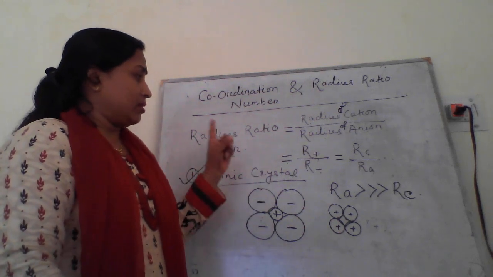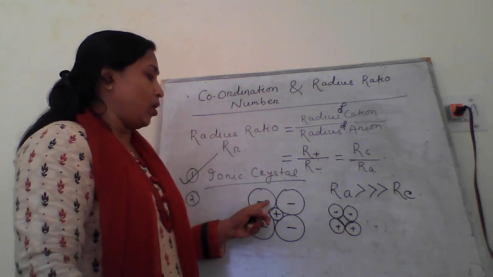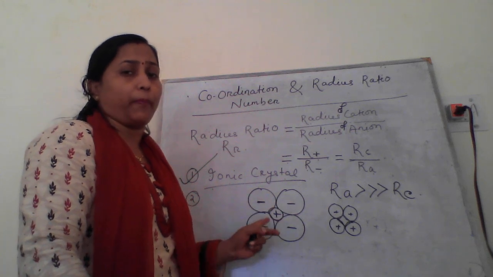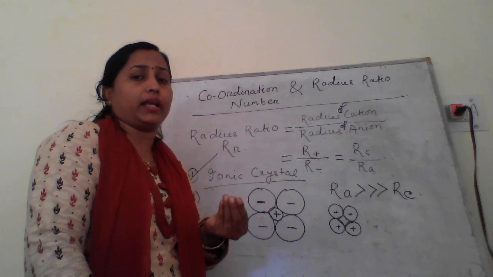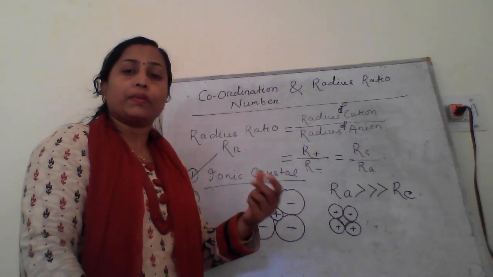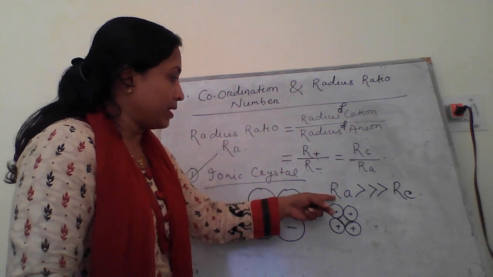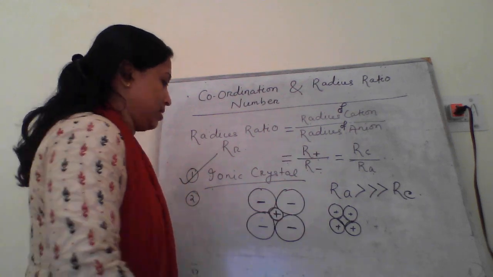In a close packing, always the anions form the packing, while the cations are placed in between the gaps, in the voids.